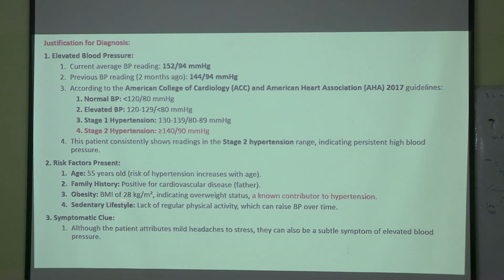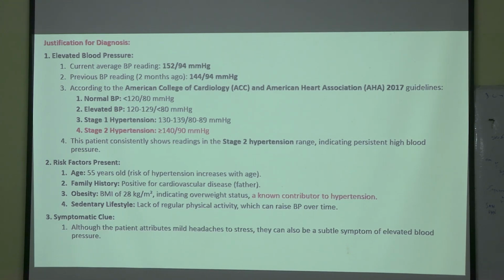Now the BMI is under the category of obesity. Obesity is also known as a contributing factor for the development of hypertension. Last is the sedentary lifestyle. It means the subject is not involved in any type of physical activity. He leads a sedentary lifestyle, and lack of regular physical activity can raise blood pressure value over time.